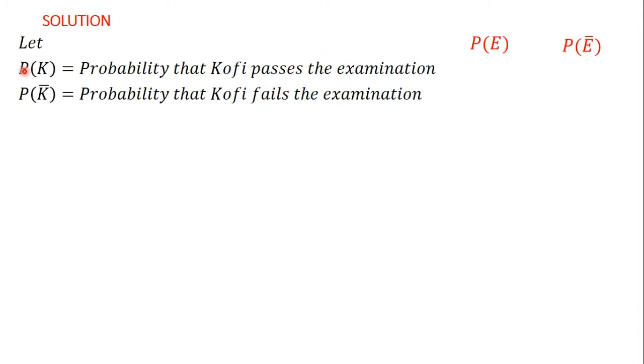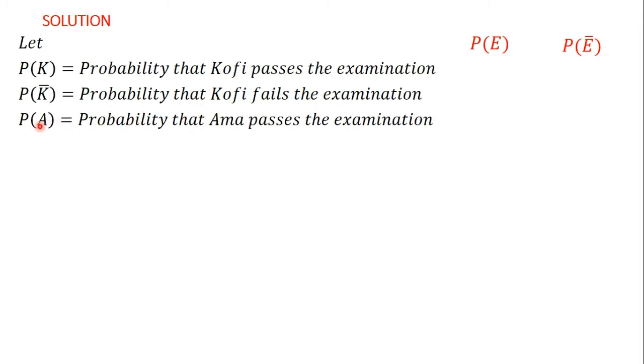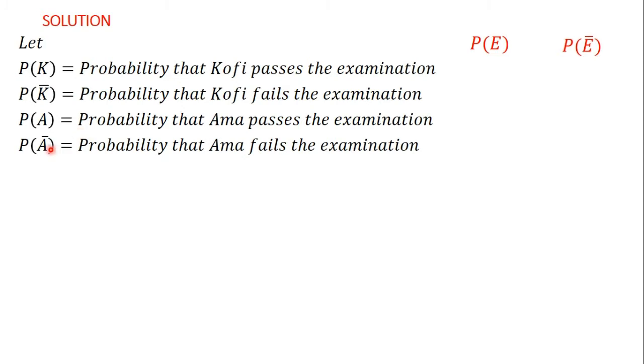So if we let P(K) represent the probability that Kofi passes the examination, then P(K complement) is the probability that Kofi fails the examination, or Kofi does not pass the examination. In the same way, if we let P(A) represent the probability that Amma passes the examination, then P(A complement) is the probability that Amma fails the examination.